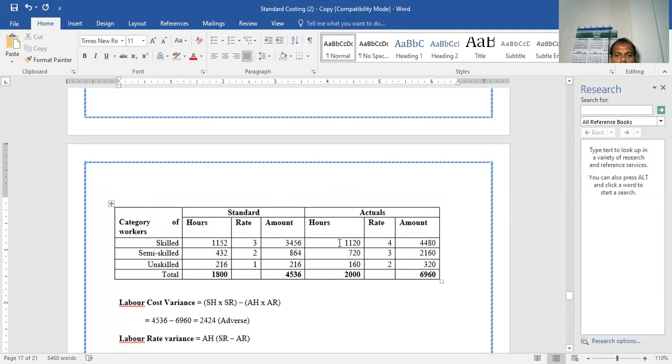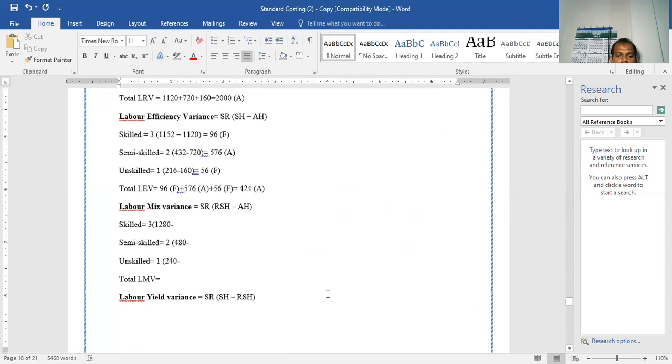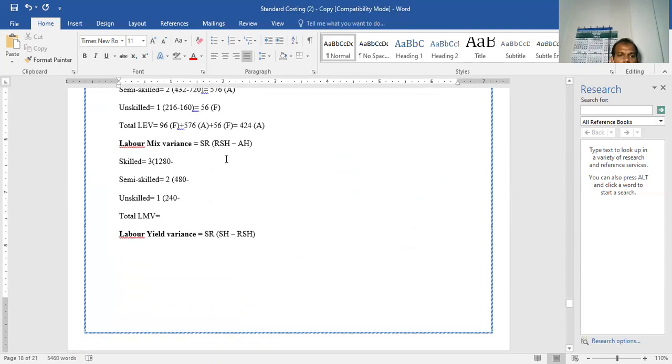Now actual hours. How many actual hours are there? 1120, 720 and 160. Let us calculate each and every one.